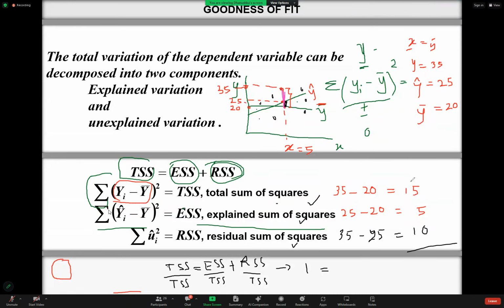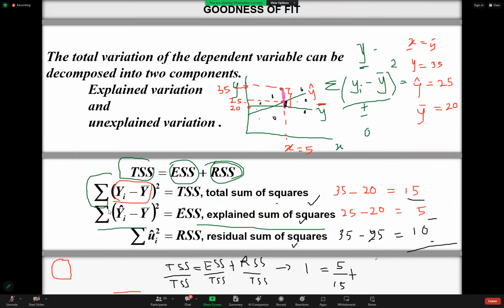Okay, if you assume TSS is 15, ESS is 5, and RSS is 10, then ESS is 5, TSS is 15.